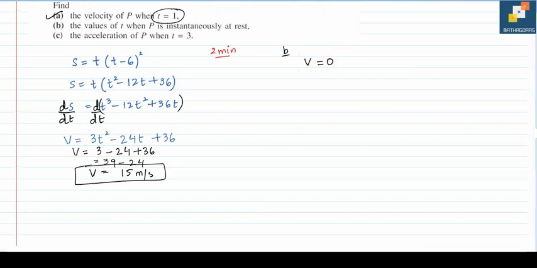The velocity expression we found in part A is v equals 3t square minus 24t plus 36. The value of velocity is 0, so 0 equals 3t square minus 24t plus 36.